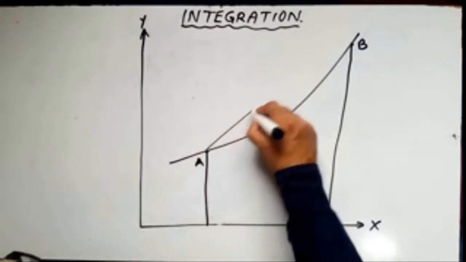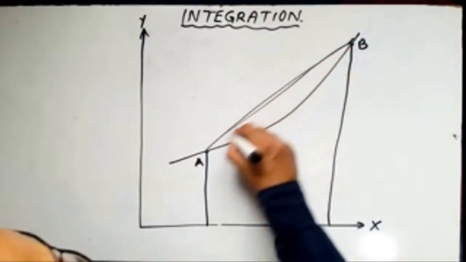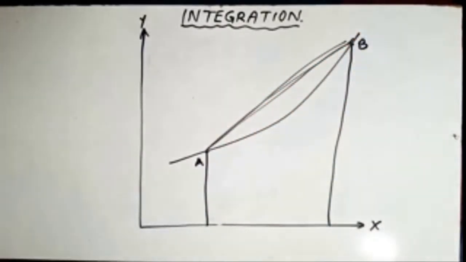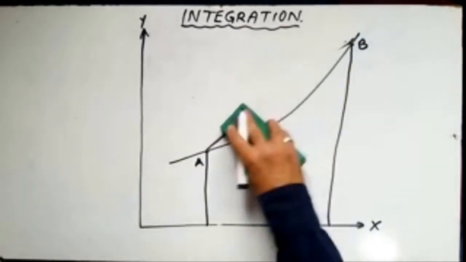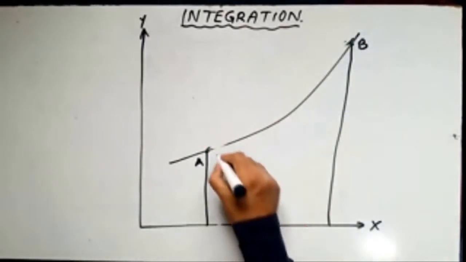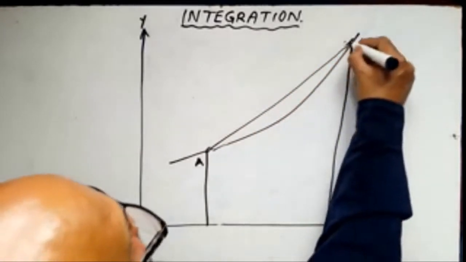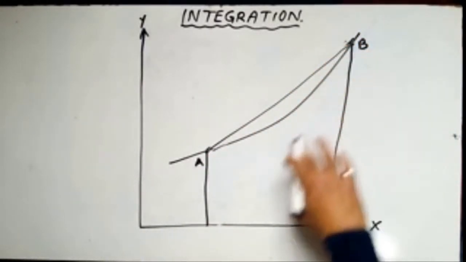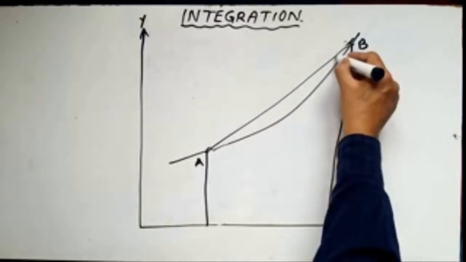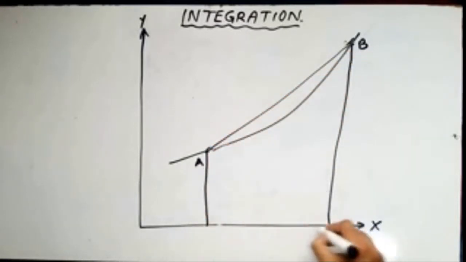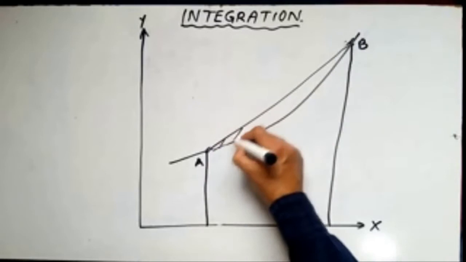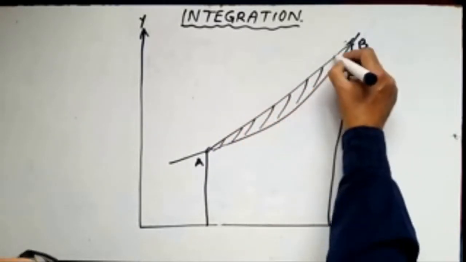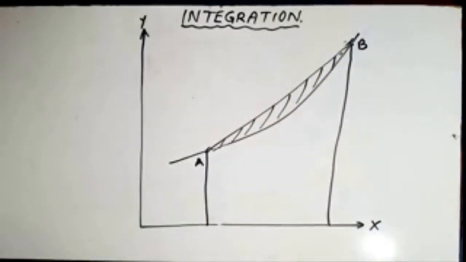Suppose I join A and B. Now, if you see, this area is definitely less than this area, right? So this is the extra area.